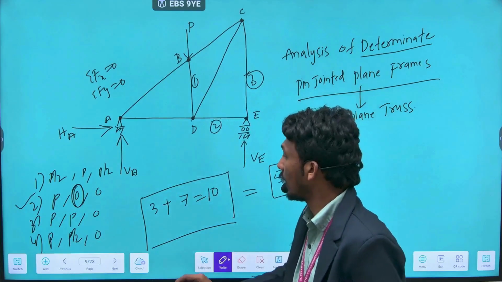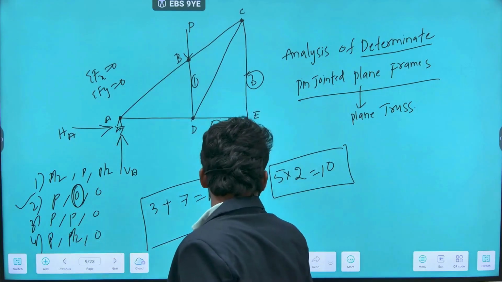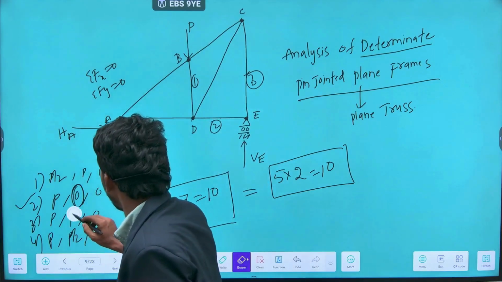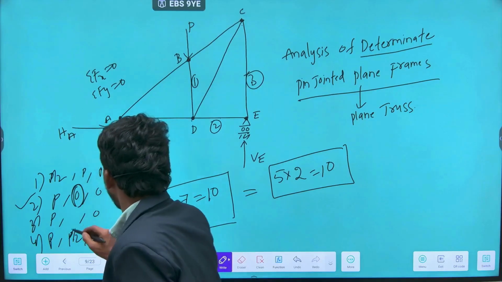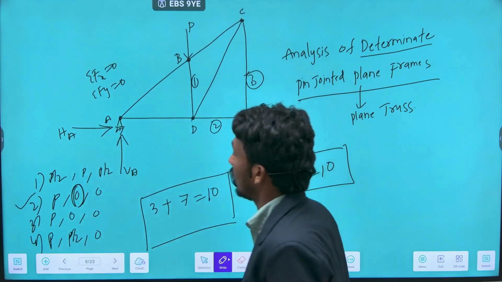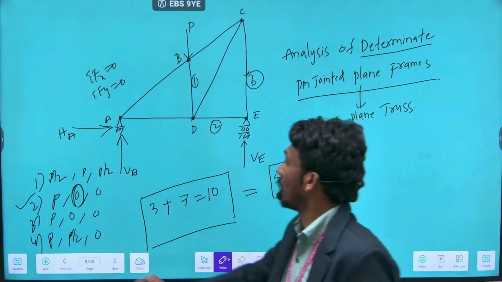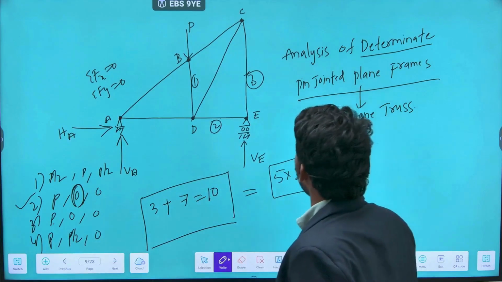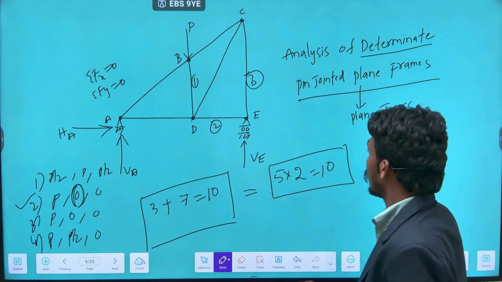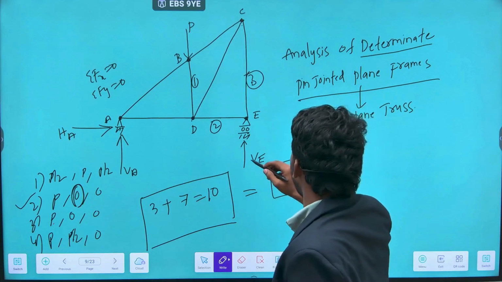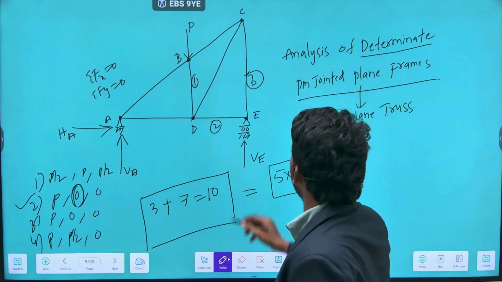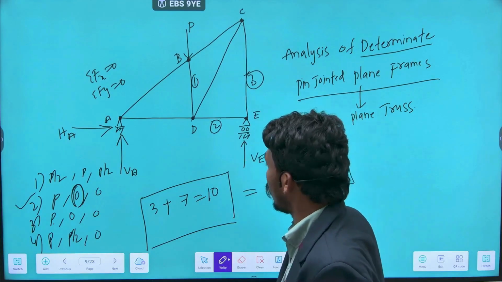Sir, what if I have more than 2 options? Let us say here also I have more options. Then we cannot say whether this option or that option is correct, so we have to go for another member also. If I apply sigma Fx equals 0, then VE equals FCE. So member 3 is P by 2.